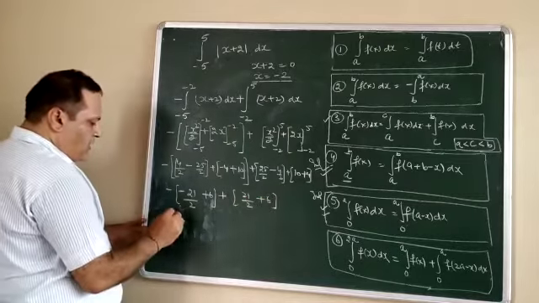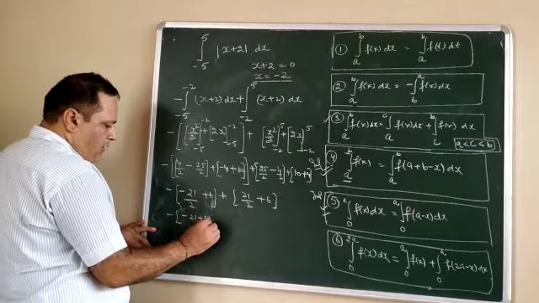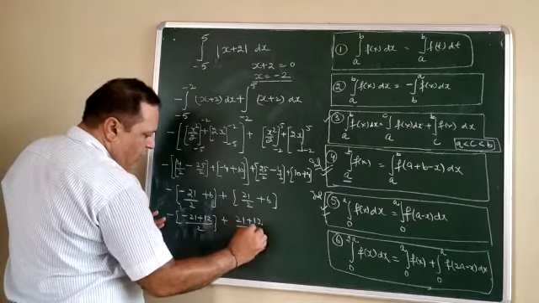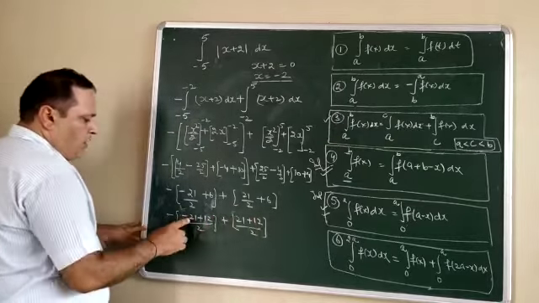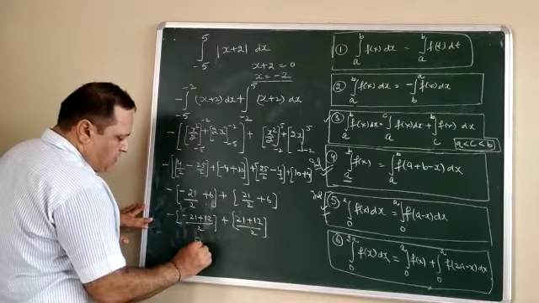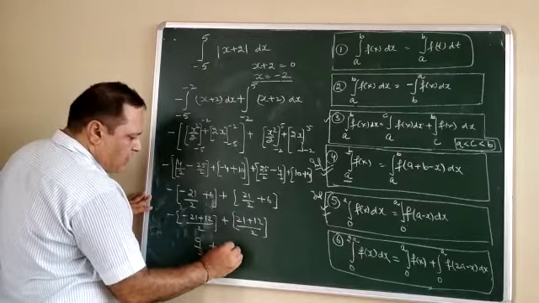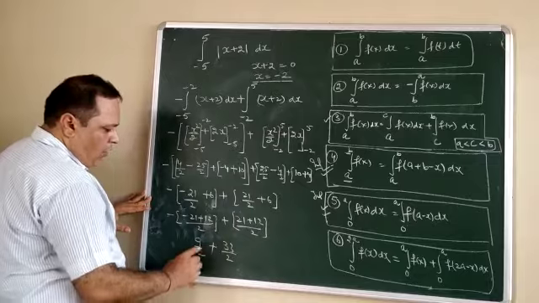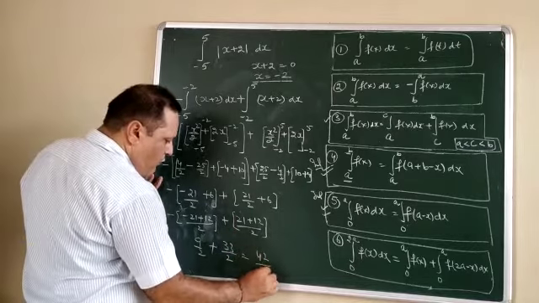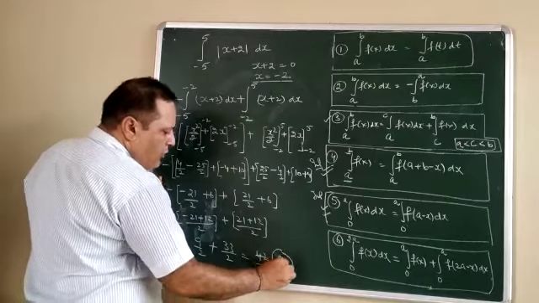Now see this one, it is minus of 12 minus 21 plus 12 upon 2, it is 21 plus 12 upon 2. 21 minus 12, it is minus 9 by 2, minus minus plus, it is 9 by 2 plus 21 plus 12, that is 33 by 2. After LCM you will get 33 plus 9, that is 42 by 2, 21. So your answer is equal to 21.